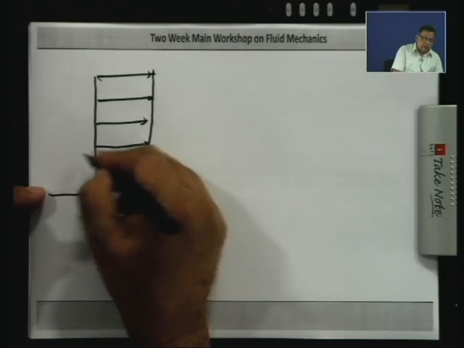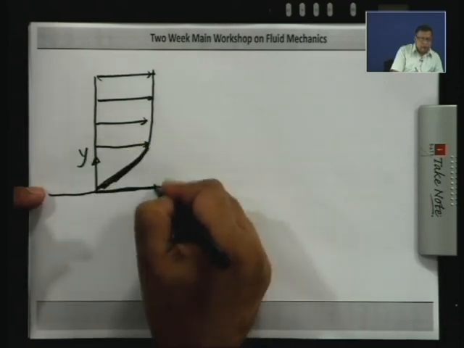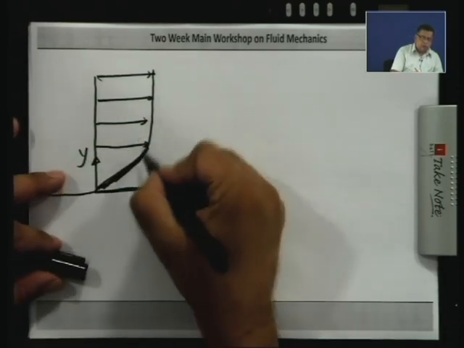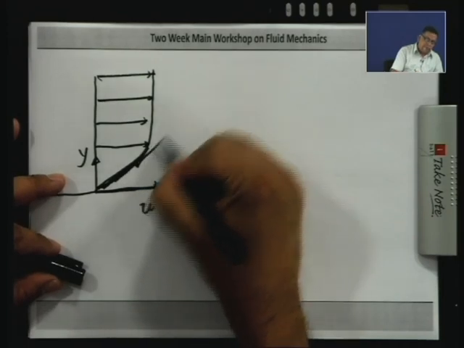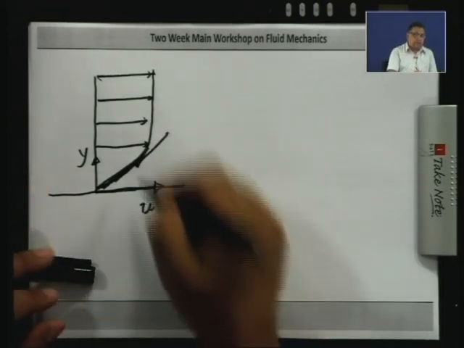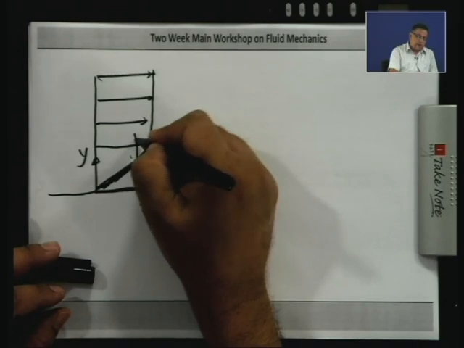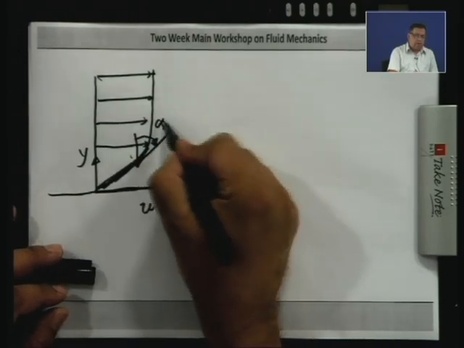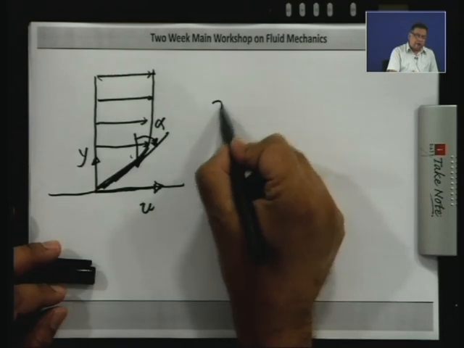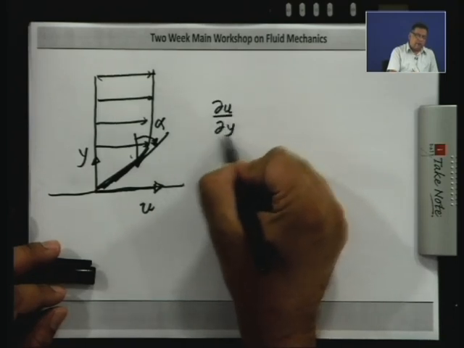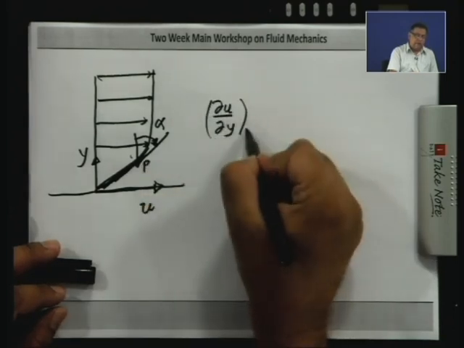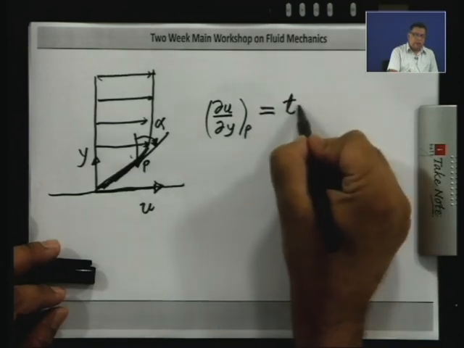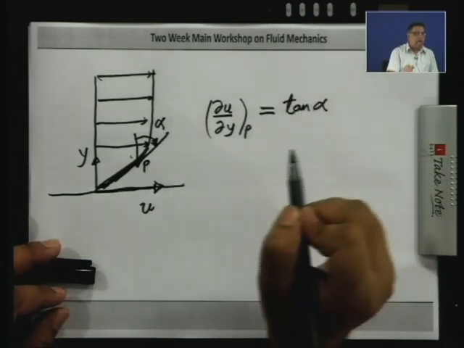So, this is y, and here I am plotting u. Now, if I take a point here and draw the tangent, and if I take the angle from the vertical here, suppose I call it alpha, then del u del y at this point P will be tan of the angle alpha.